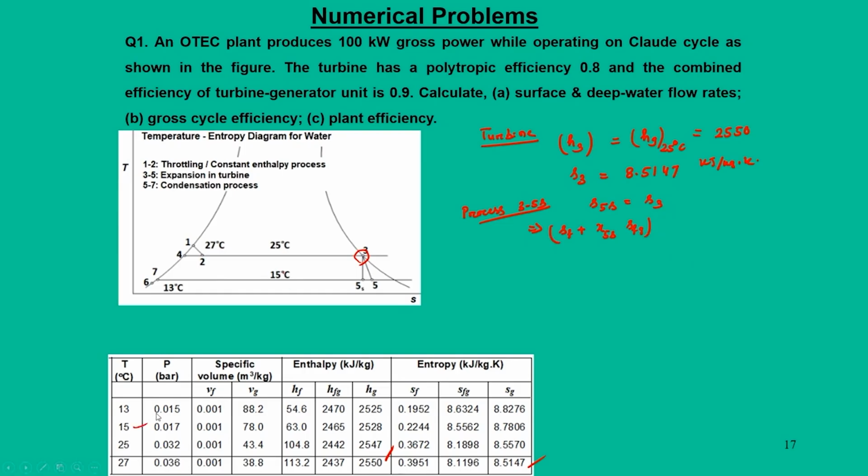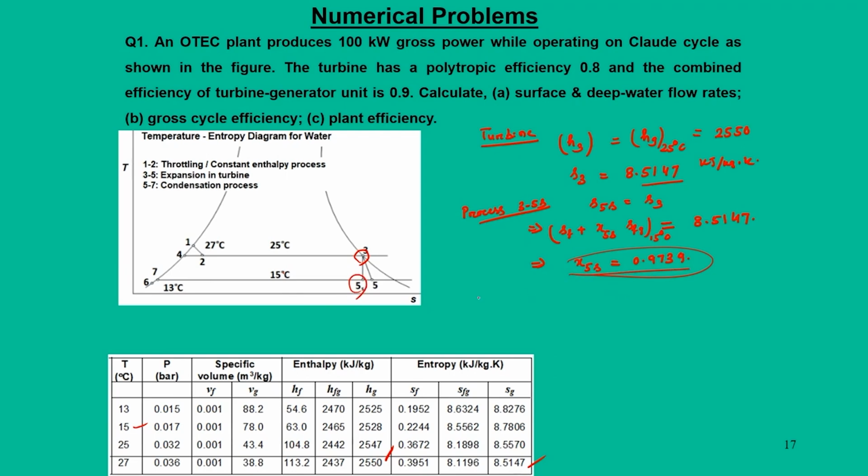So, you have to take this row and take the data at 15 degree centigrade, and that is equal to your S3, 8.5147. Taking the data from 15 degree centigrade, we get x5s equal to 0.9739. So, at this location your x5s is known.